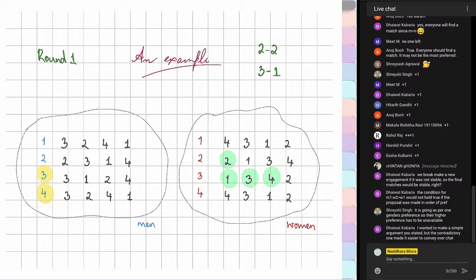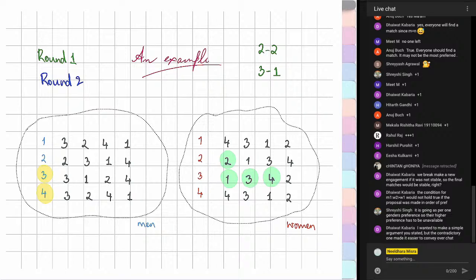Okay. So now let's understand what happens in round 2. So in round 2, 3 and 4 are going to propose to 1 and 2 respectively. So let's highlight those.